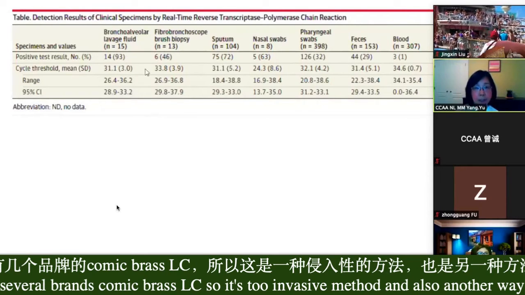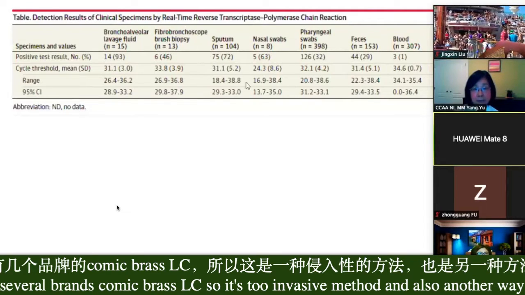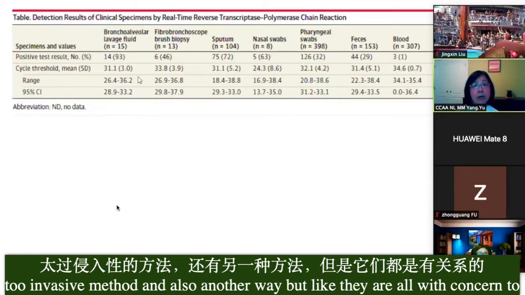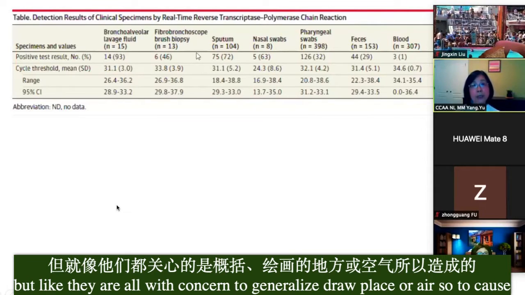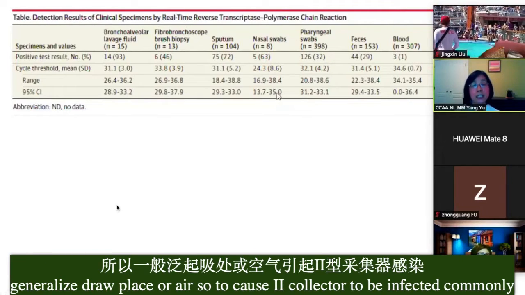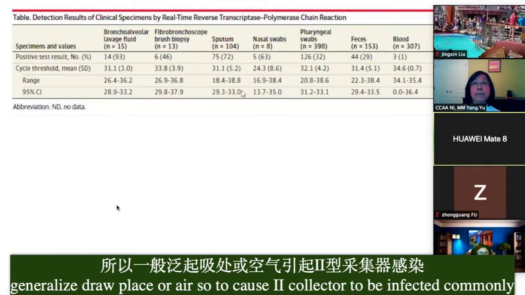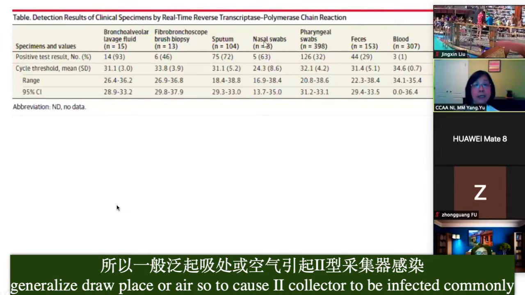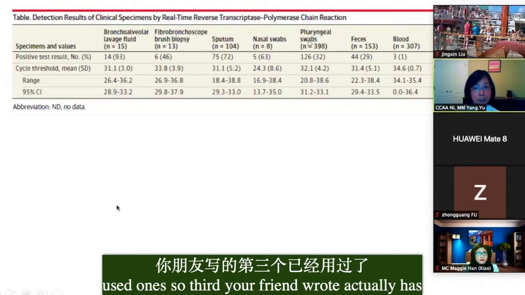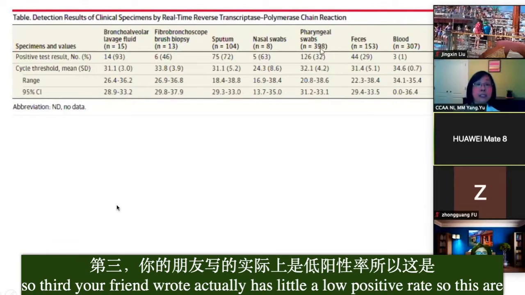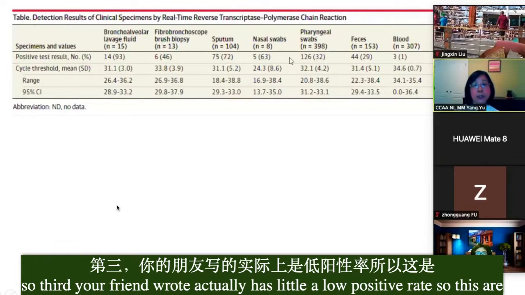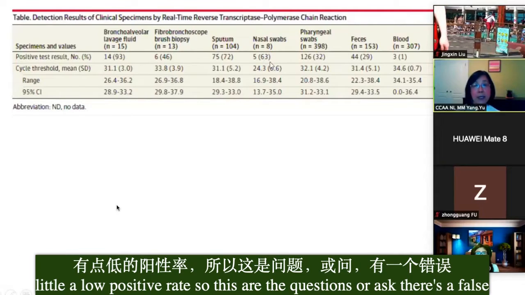These two are quite invasive methods, so they won't be routinely done. Sputum is another way, but there is concern about generating droplets or aerosol that could cause the collector to be infected. The commonly used ones, nasopharyngeal or pharyngeal throat, actually have a relatively low positivity rate. So these are the questions people ask.